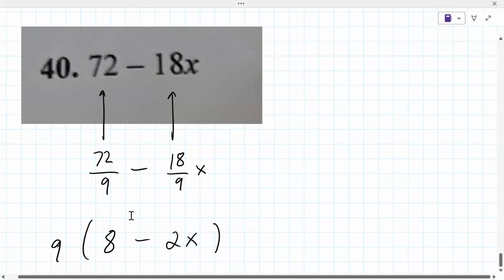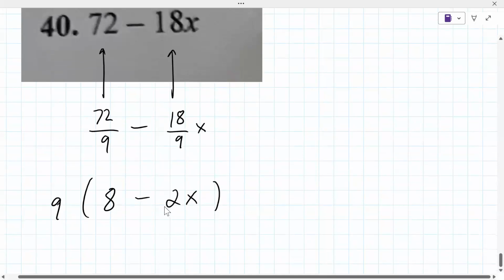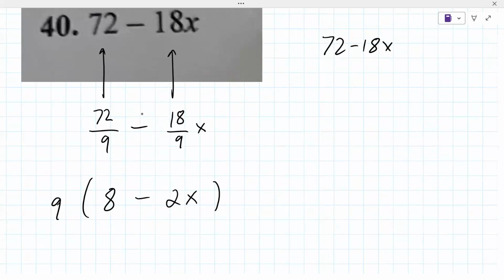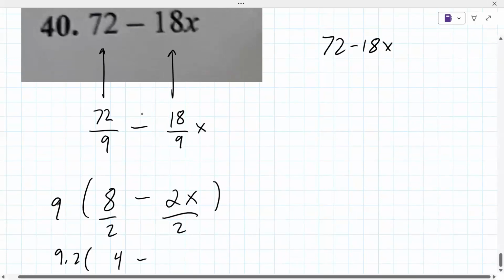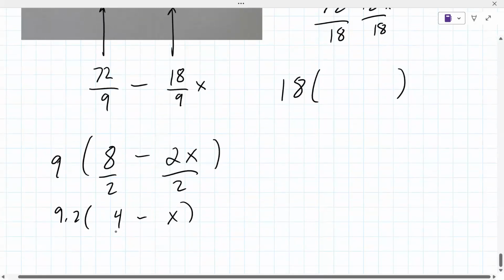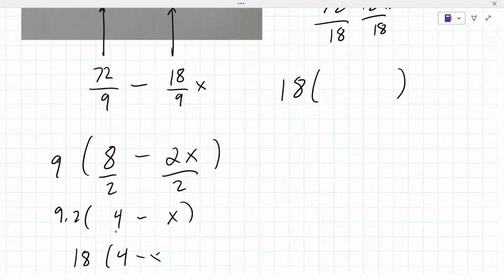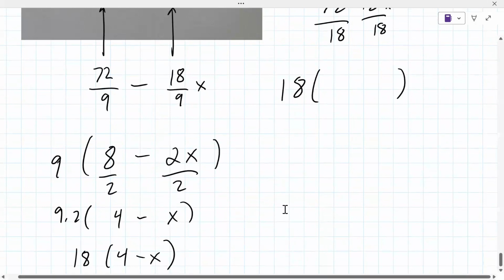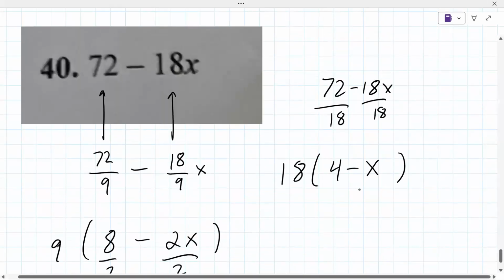So the fact that there's another number means that you didn't pick the right GCF to begin with, which is okay. It's not a big deal. You can divide both of these by 2, put the 2 on the outside here, and you get 4 minus x. But what it suggests is that you should have divided both of these by a different number, 18. So if you catch yourself where you have another GCF, you just keep going. And you get 4 minus x, like that.